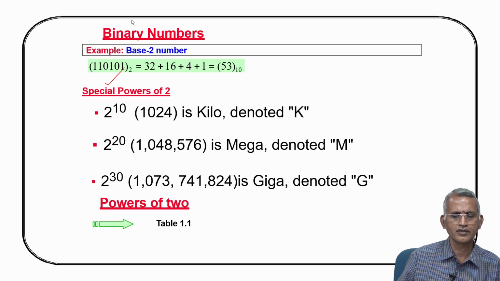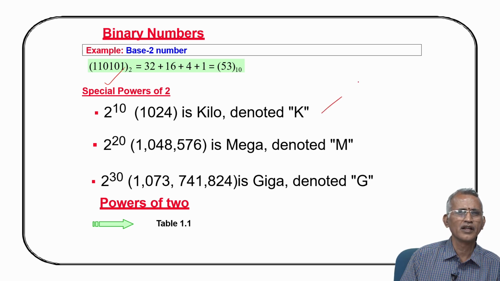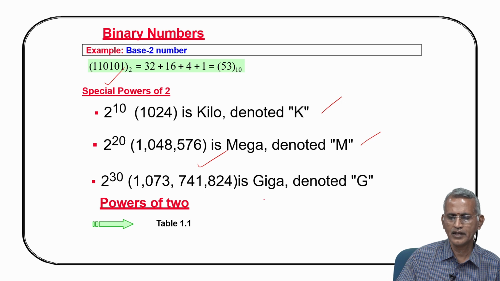For special powers of 2, 2 power 10 is 1024, which is kilo, denoted by K, and 2 power 20 corresponding value is 1048576, which is mega, denoted by M. 2 power 30 corresponding value is 1073741824, which is giga, denoted by G.